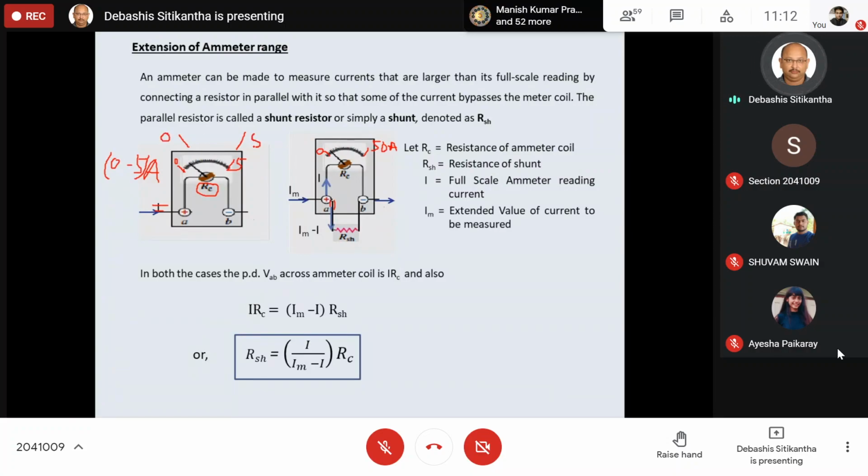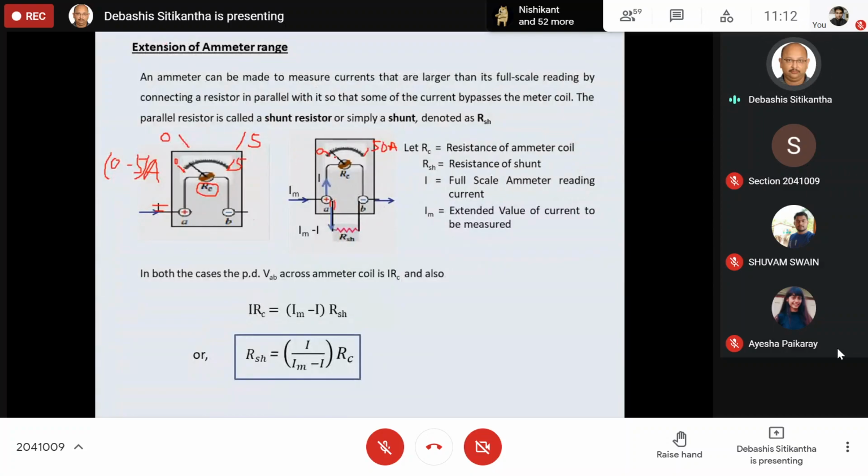So 5 ampere is the full scale ammeter reading of this ammeter. That means in this case I is equal to 5 amps. Now suppose I want to extend the range to 50 ampere, then IM is equal to 50 ampere. That means it is the extended value of the current that we need to measure.